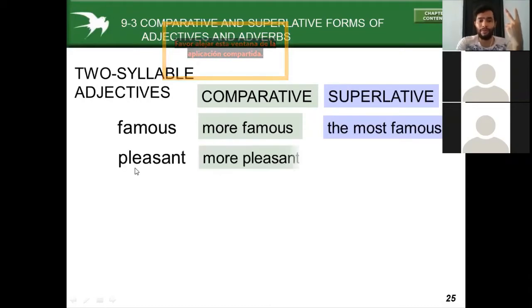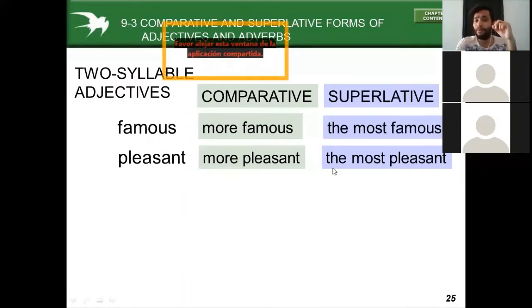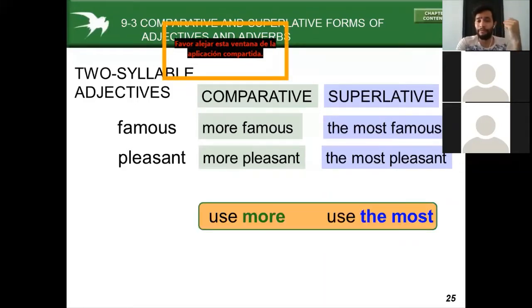Other example, we have the word pleasant. How many syllables? We say pleasant, right? 2 syllables. So more pleasant for the comparative, and the most pleasant for the superlative. This is how we use it, right? Clear, I think. So far clear because you know this. Let's continue.